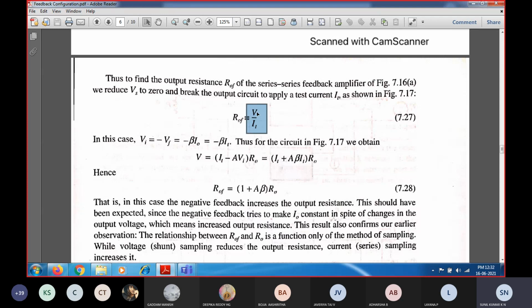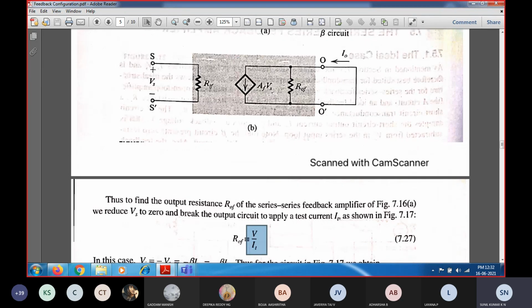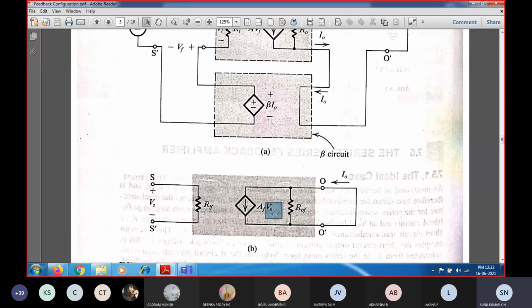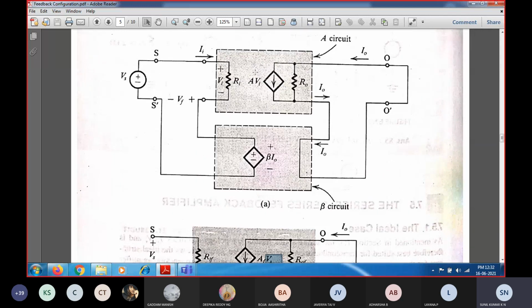So what is the voltage? What is the voltage across here? It is nothing but Vi, the voltage across the resistance Ro, since I am connecting the test current IT across the resistance Ro.